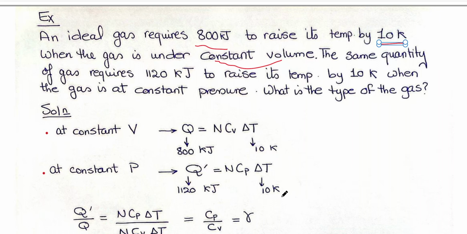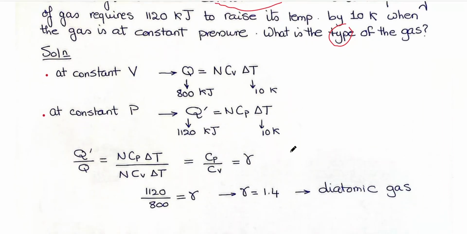I want to know the type of the gas. To know the type of the gas, I have to know either its degrees of freedom, or CV, or CP, or gamma. Gamma is the ratio between CP and CV. Okay, let's have a look at this equation and the other equation.